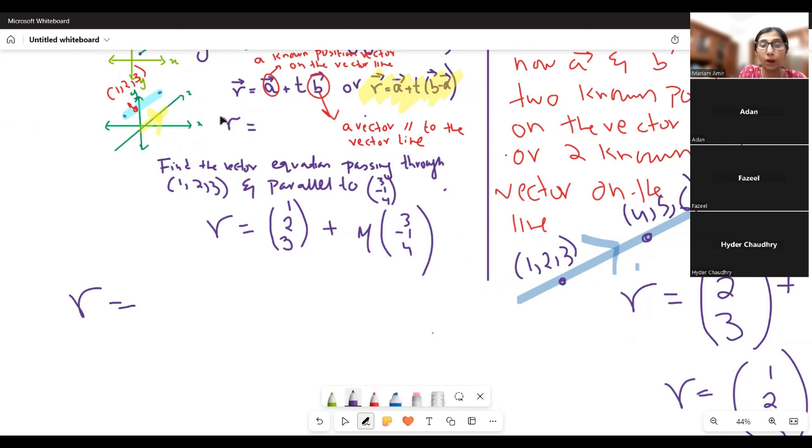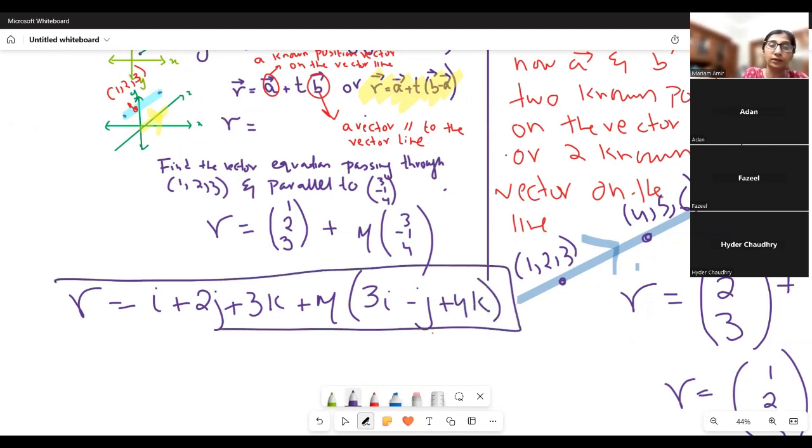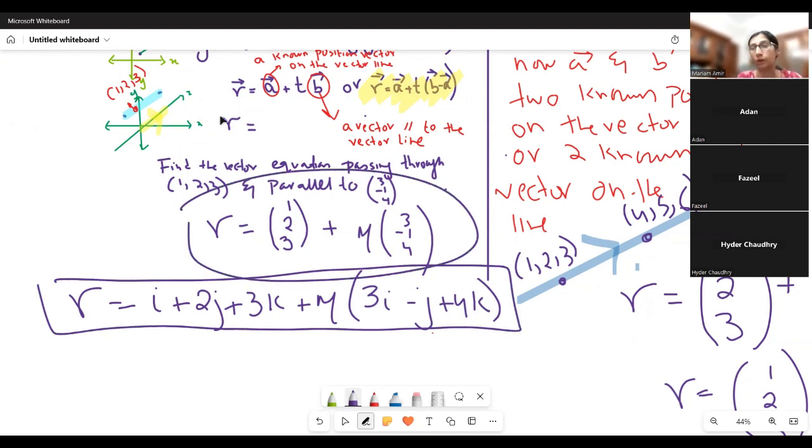You have to write i plus 2j plus 3k plus mu bracket 3i minus j plus 4k. This is what will get you the final A1 mark, not this one. You can do all your working in the column vector format if you're more comfortable with that. However, remember to convert your final answer into IJK form.